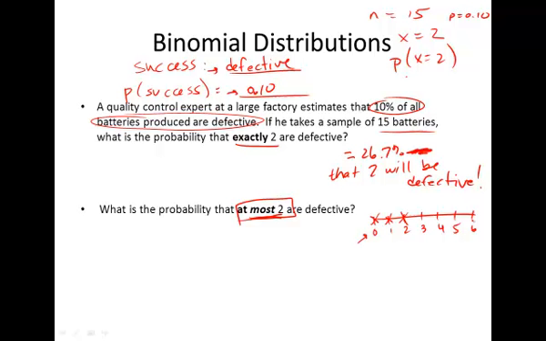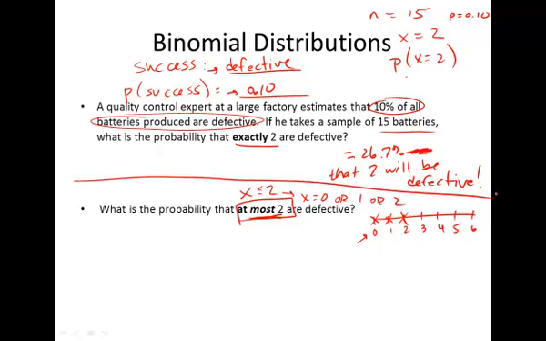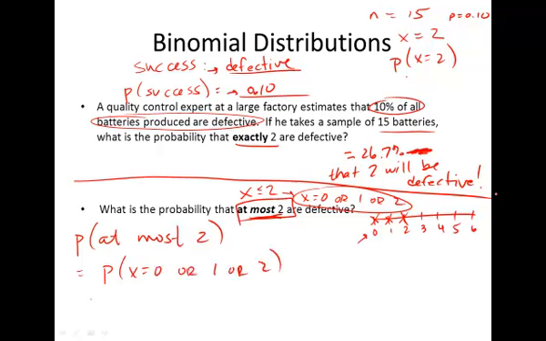So at most 2 means that x is less than or equal to 2, which means that x is equal to 0 or 1 or 2. Okay? So at most 2 means this. So the probability of at most 2 is the probability that x is 0 or 1 or 2, which is the probability that x is 0, in other words, no defective units, plus the probability of 1 defective unit, plus the probability of 2 defective units.